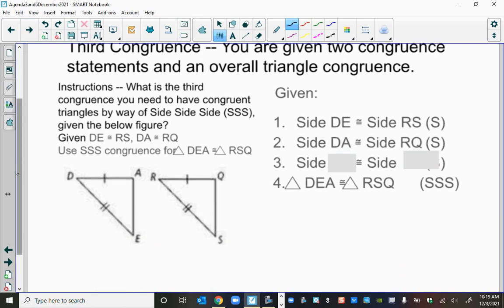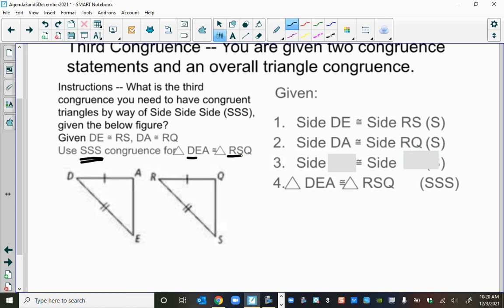Okay, side, side, side. This one's going to be rather easy. They gave us DE and RS. Okay, notice the order. DE, RS.